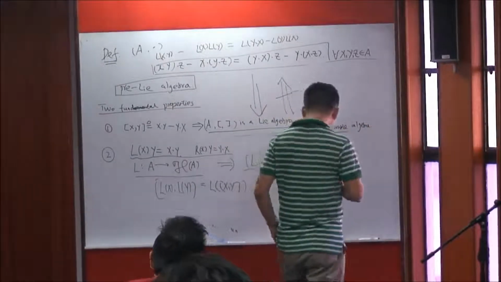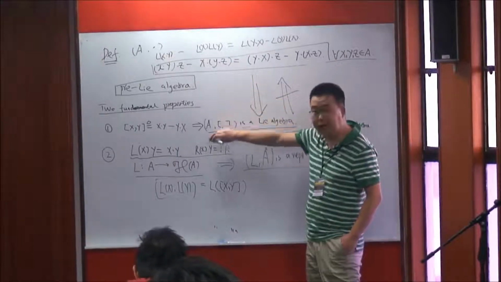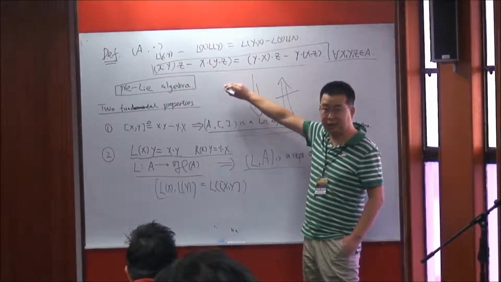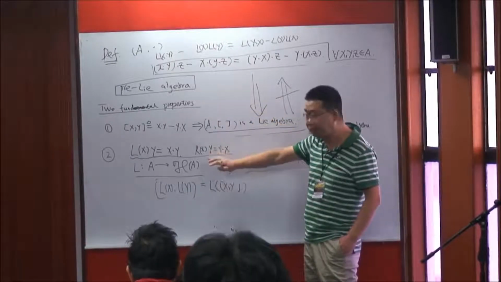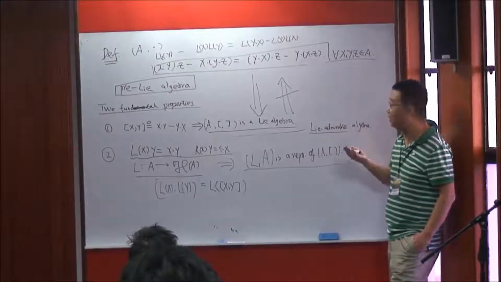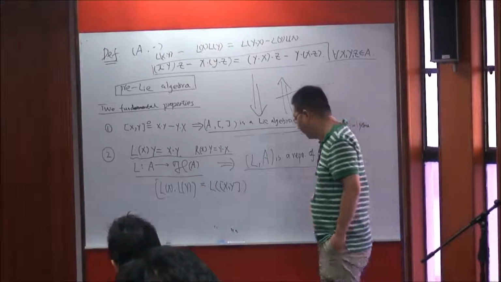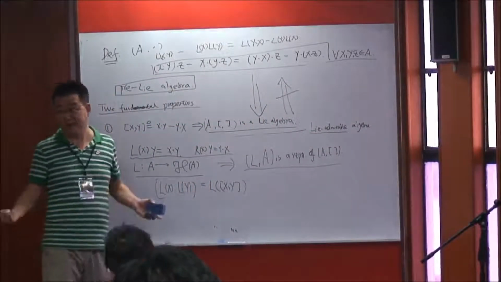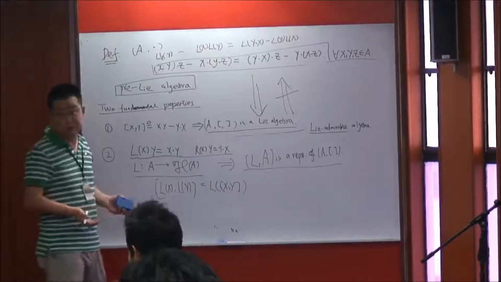From this we can see the pre-Lie algebra in some sense is quite close to the study of Lie algebras. The commutator is a Lie algebra, and the left multiplication operators construct a representation of the commutator Lie algebra. So this is the fundamental. In this sense, it's called pre-Lie. It's very natural.